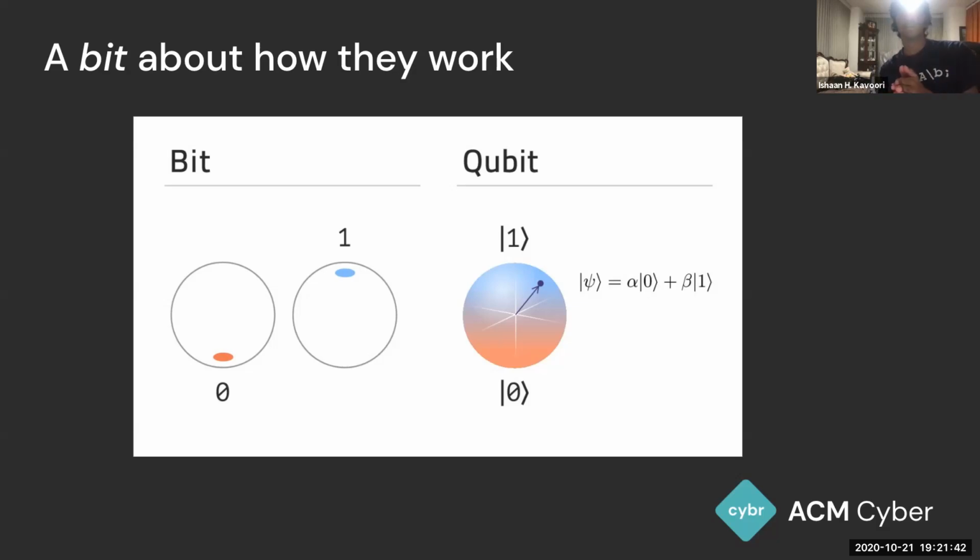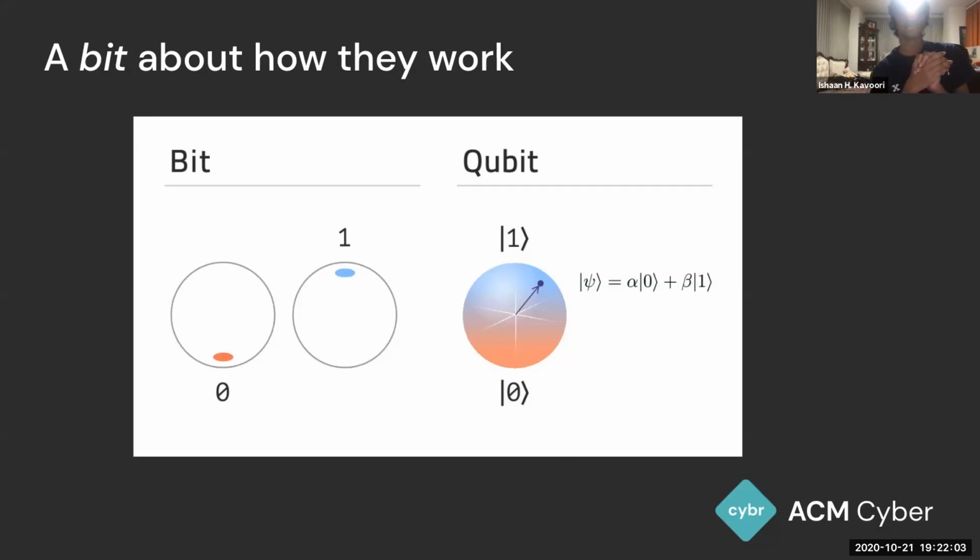Whereas in a quantum computer, the qubit is in a superposition of 0 and 1. And its wave function collapses to one of the two outputs when you observe it.